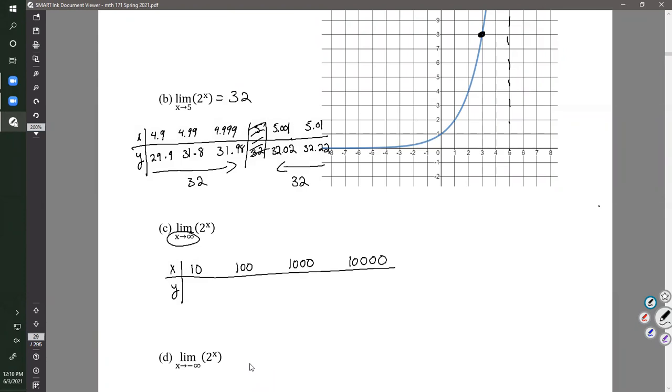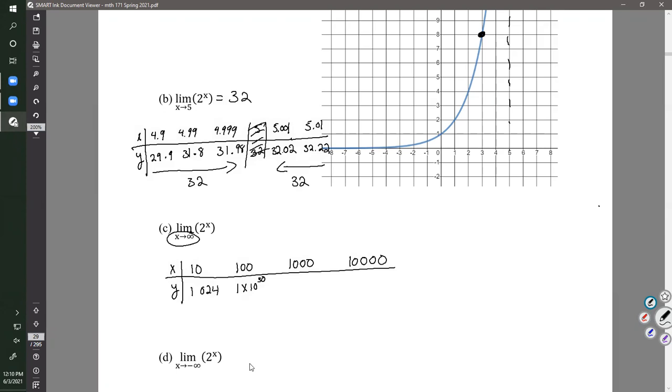To see if I notice if this graph is leveling off, is it shooting up, is it shooting down, or is it oscillating? And you can normally get that picture by just tacking on a 0 each time. So at 10, we have 1,024. At 100, we have 1 times 10 to the 30th power, meaning I have a 1 with 30 zeros behind it.